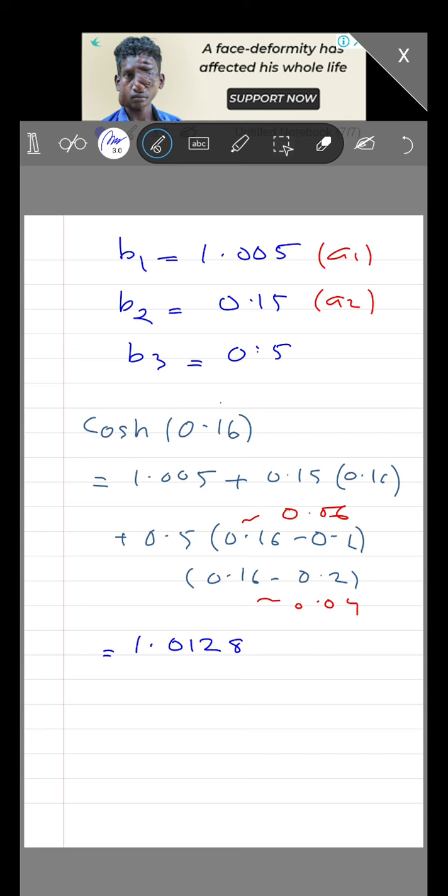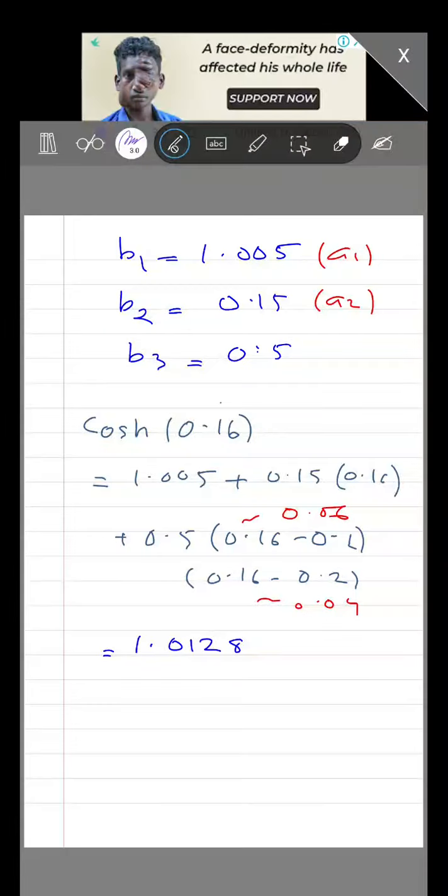It is correct up to 4 decimal places. So a higher order polynomial leads to a better accuracy. Higher order, or higher degree polynomial, leads to better accuracy.